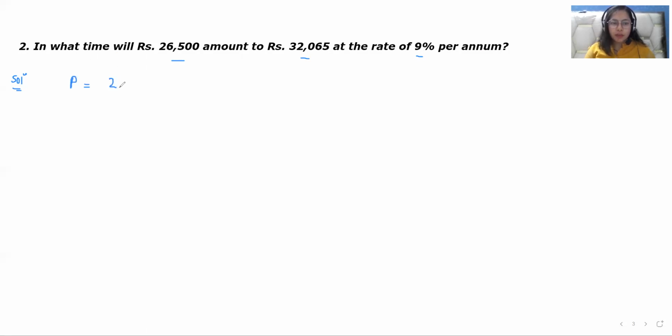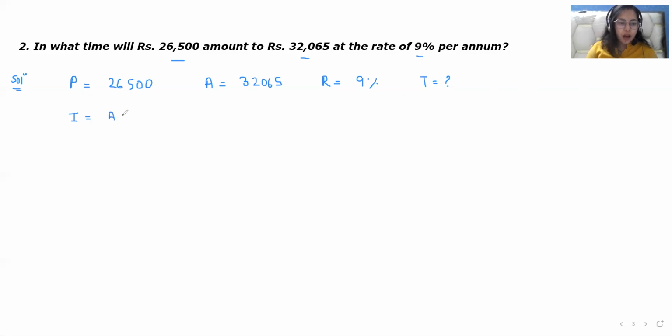So the principal given is 26,500. Amount is 32,065. And at what rate? 9% per annum. And we have to calculate the time. If we notice, we have to calculate the interest also. So what is the formula for interest if principal and amount are given?